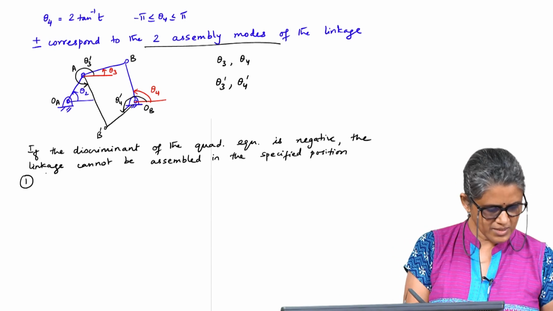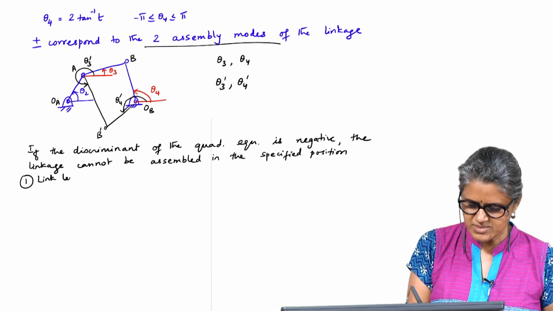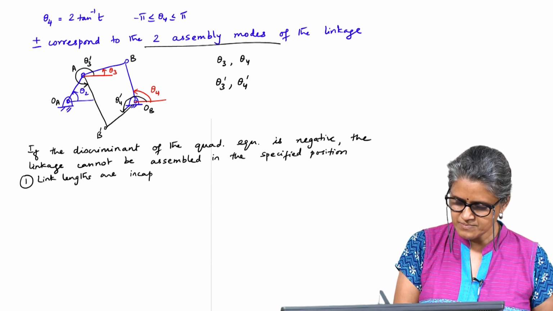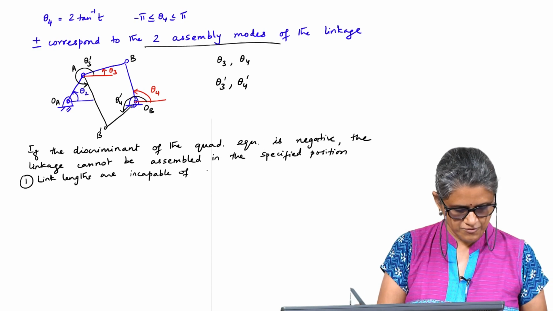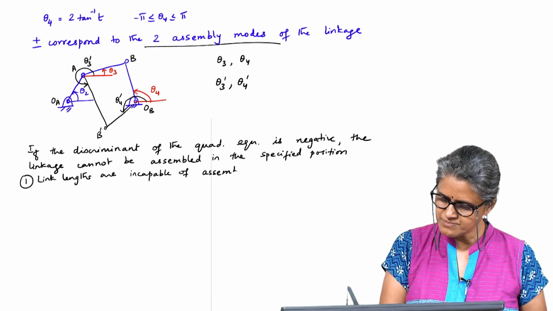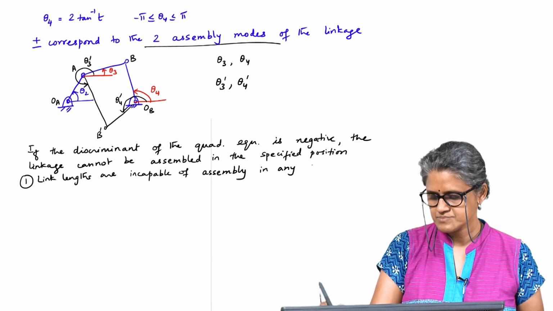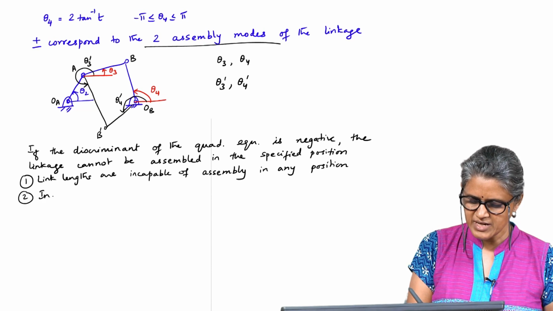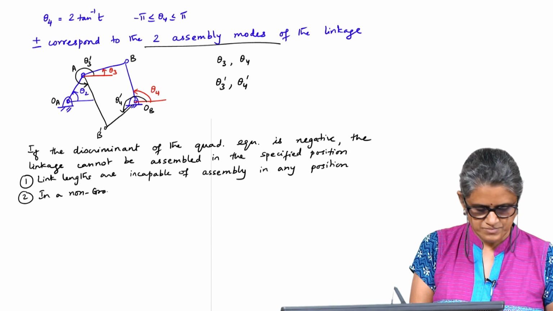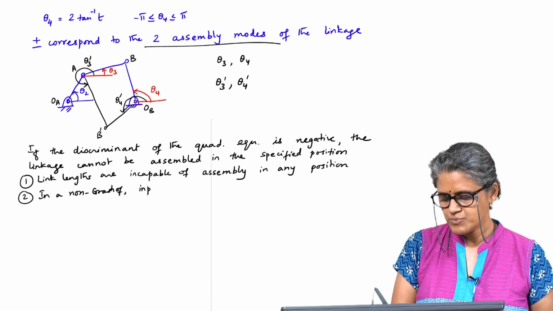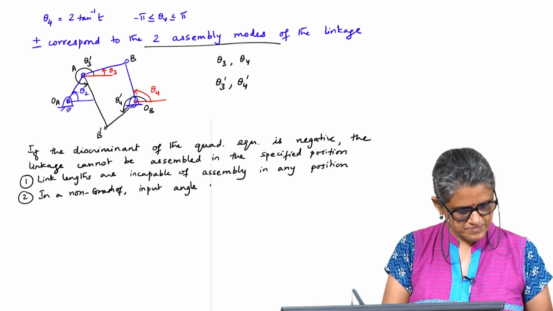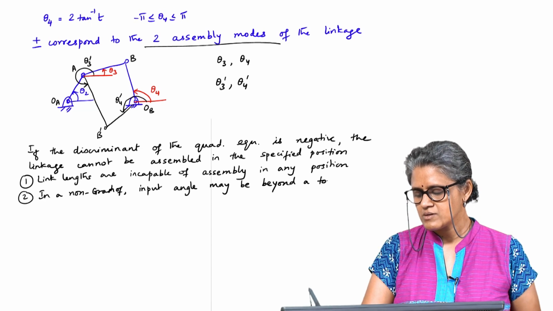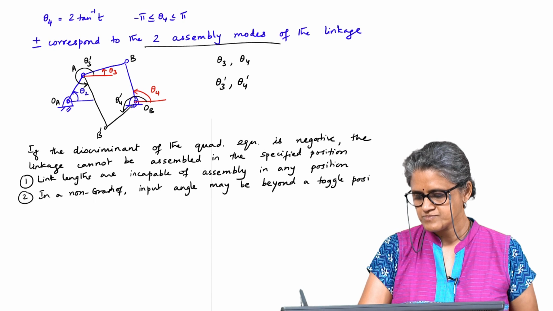Maybe it could be that the link lengths are incapable of assembly in any position, or in a non-Grashof or a Grashof type 2, the input angle may be beyond a toggle position or a limit position.